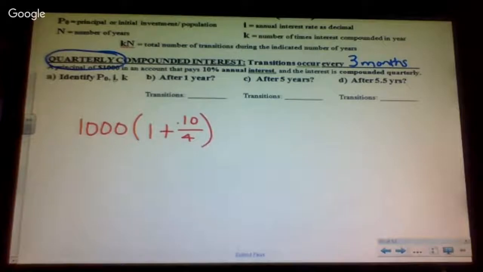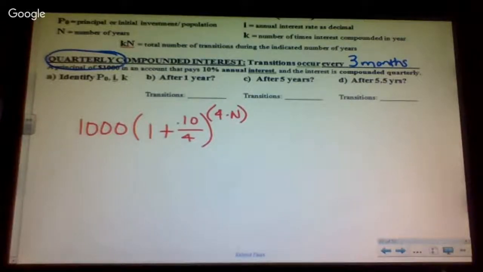Do not get that confused. Just because quarterly is every 3 months, it's still happening 4 times a year. K represents how many times a year it's happening. So you would take this as 4 times whatever N value you would need. So here's your equation that you would use.